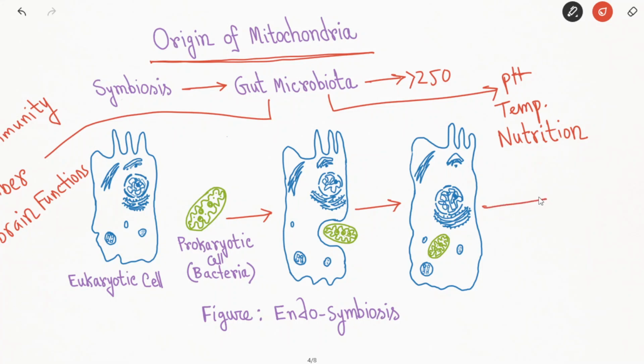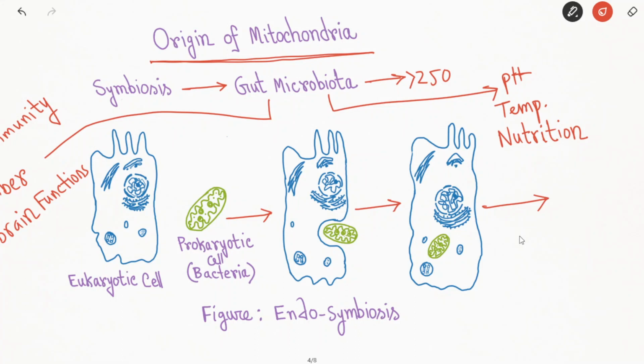Later, through evolution, this prokaryotic cell developed into present-day mitochondria. That is the endosymbiosis theory: present-day mitochondria is a transformed form of an ancient bacteria-like prokaryotic cell. So what are the proofs?